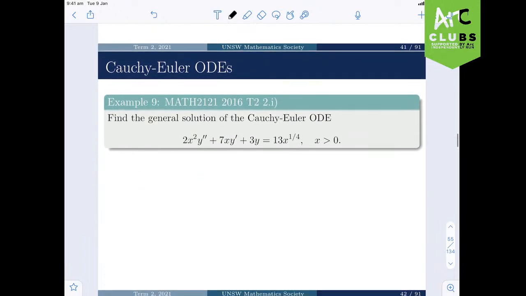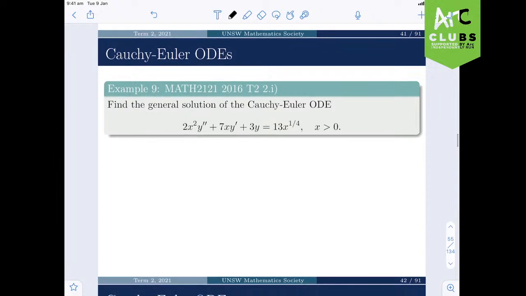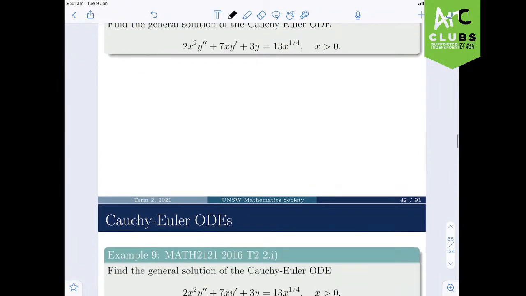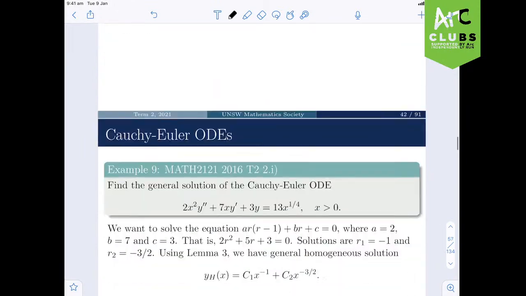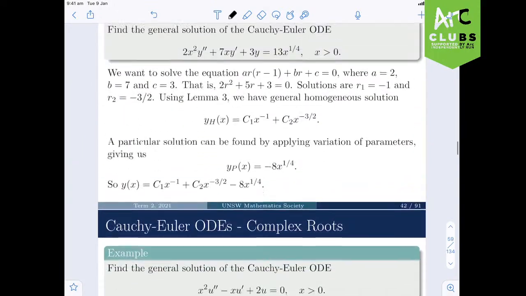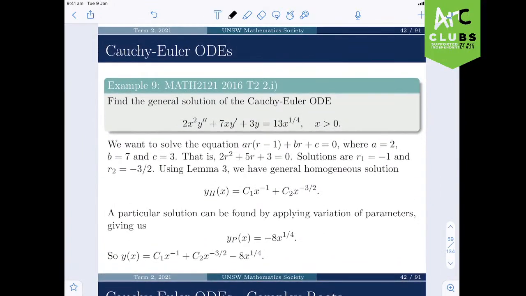Okay, so let's just quickly go through this example because there's another example I would like to go through. Find the general solution of this ODE. We want to solve the indicial equation first to get the homogeneous solutions. So ar(r minus 1) plus br plus c equals 0, but a equals 2, b equals 7, c equals 3.